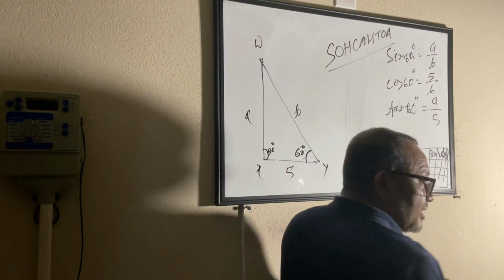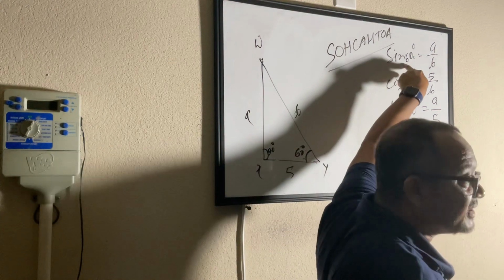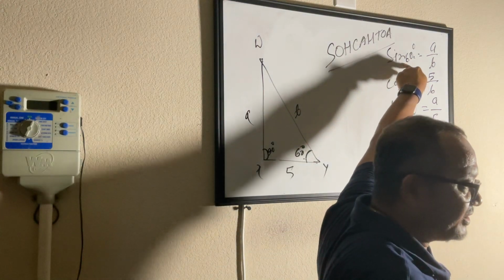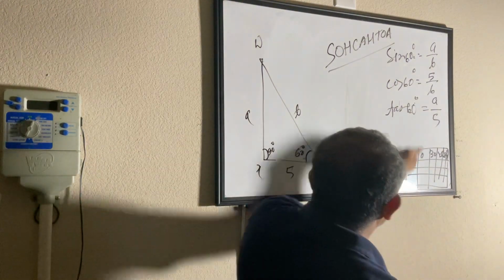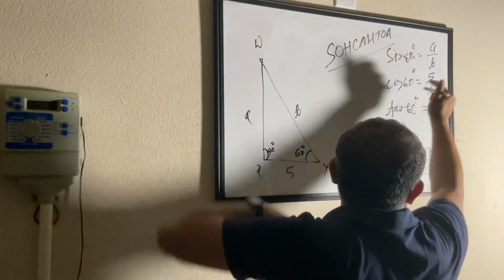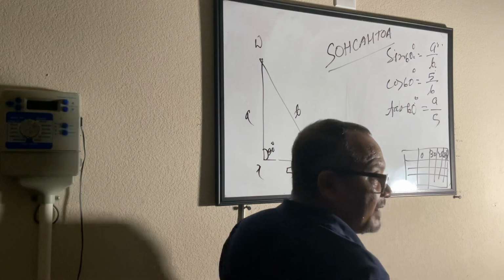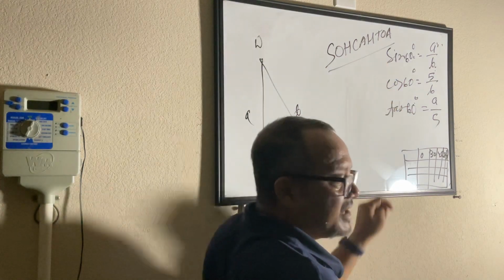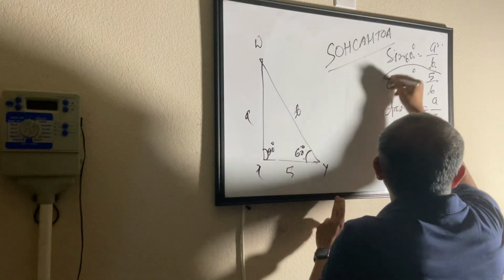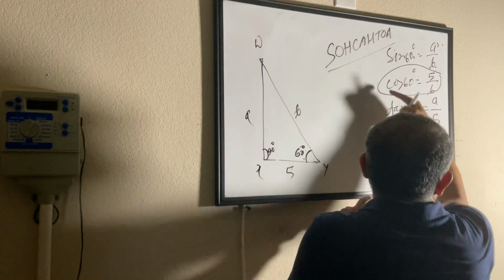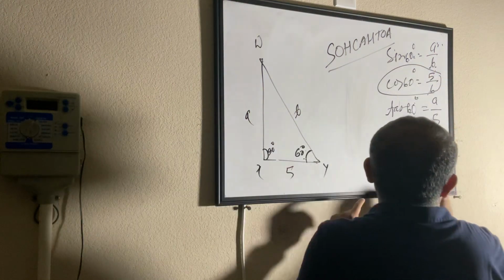If you had a calculator, you would have just plugged in the value of sine 65 degrees. Now, when I am looking at sine theta, I have both unknowns. A and B both are unknowns. I'll park that for now. If I'm looking at cos theta, the angle is known, so this value will be known.